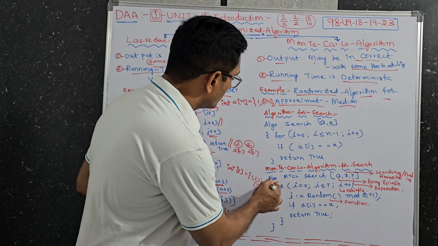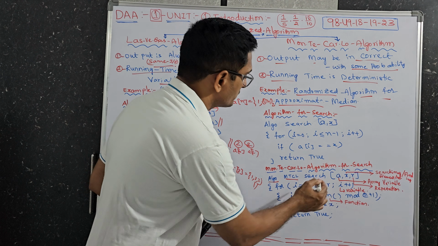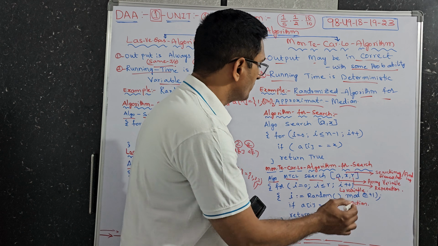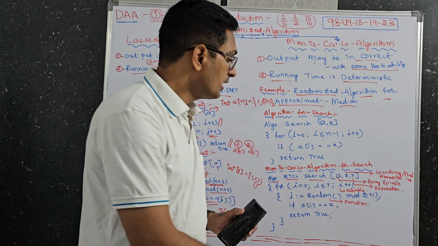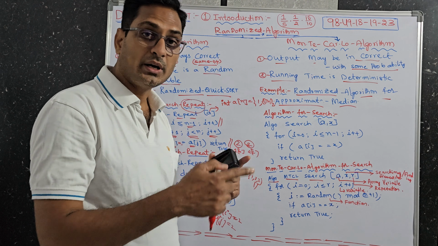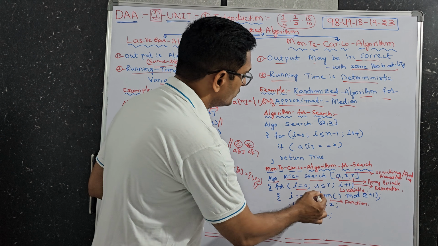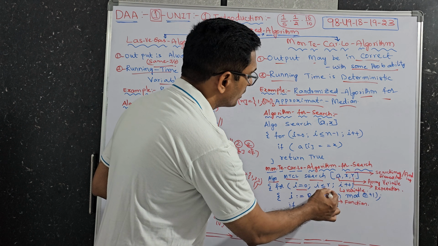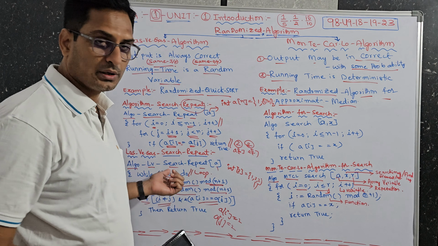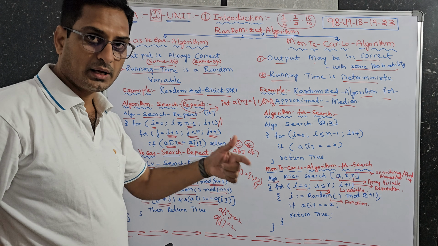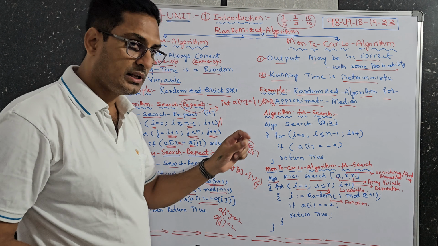So here is the algorithm Monte Carlo Search. A is the array variable name, X is the element to find, and R is the number of repetitions, how many times we repeat to find the exact element. For I equal to 0, I is less than or equal to R. Sometimes R equals n only. We repeat to find the element, sometimes till the end.